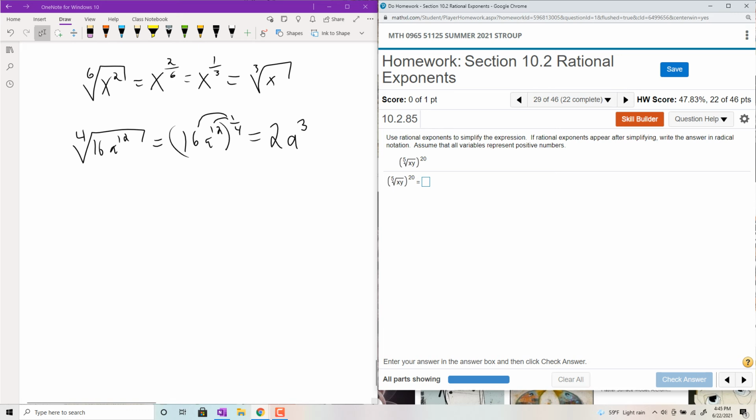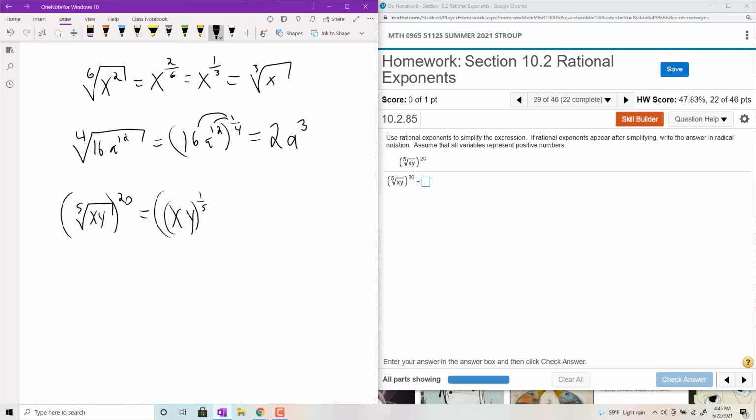This guy, so the 5th root of xy raised to the 20th. So we have xy raised to the 1/5, and then that thing's raised to the 20th. So you would get xy to the 20 times 1/5 is 4, and then you can't rewrite it anyways.